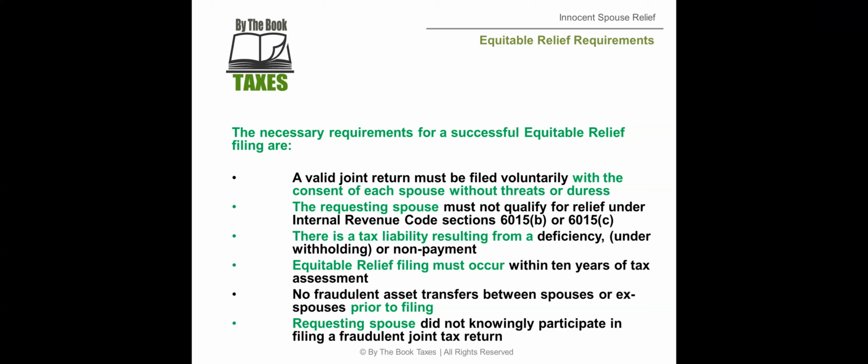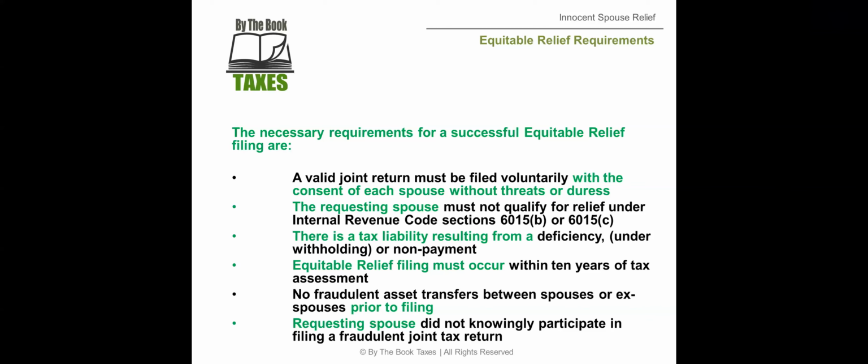Here's something, the next one is very good. In the past, innocent spouse filings had to occur within 2 years of when the IRS initiated collection activities against the requesting spouse. That's not true for equitable relief.